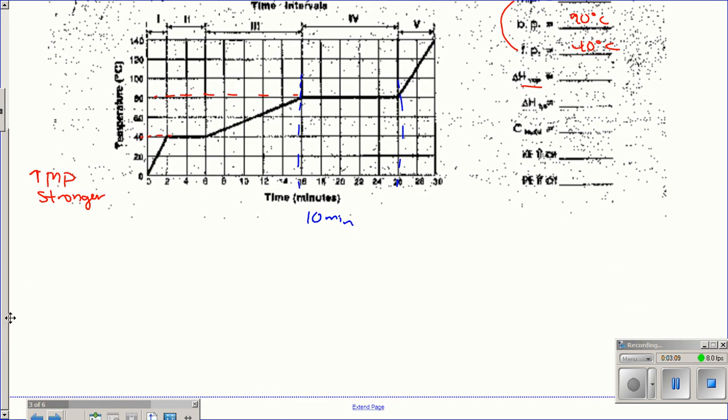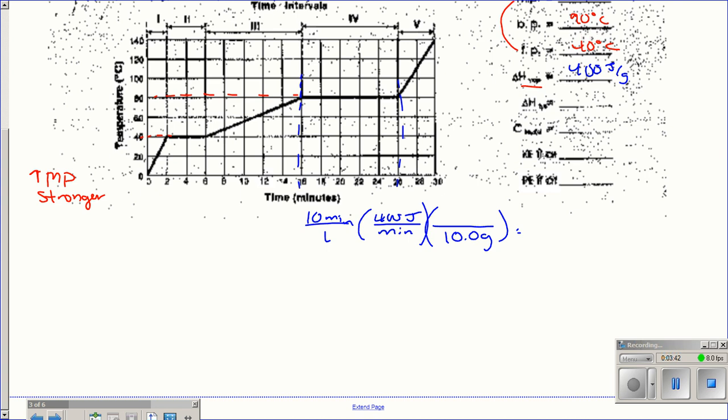So if it's 400 joules per minute, we've got 10 minutes. And if we want the enthalpy of vaporization, we want to solve that in joules per gram. So we'll take that and divide that by our 10 grams. And that tells us that the enthalpy of vaporization is 400 joules per gram.